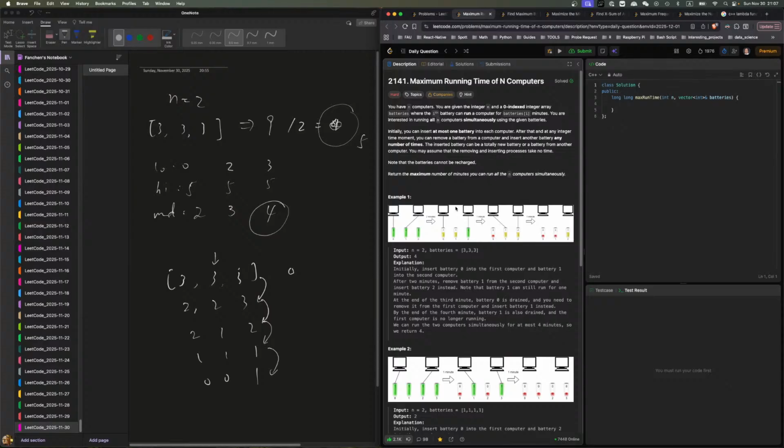And after that, we'll replace all the smaller ones. So we'll sort again. So you have to reduce, then we sort, and we run the same thing.